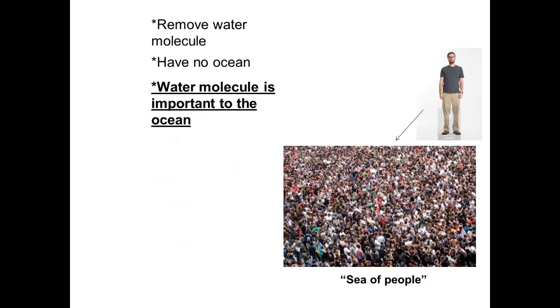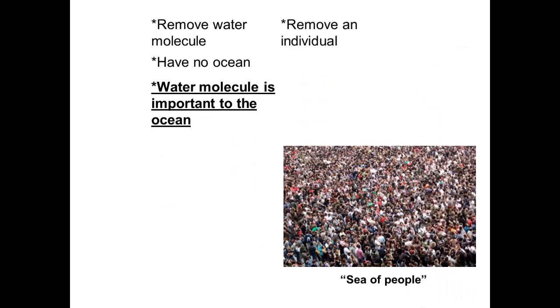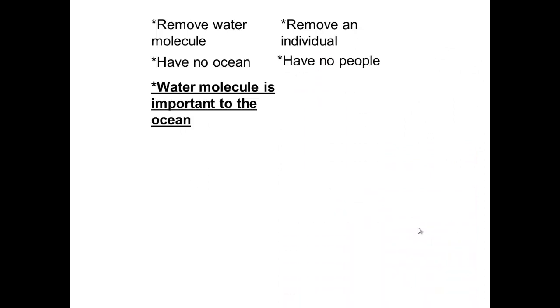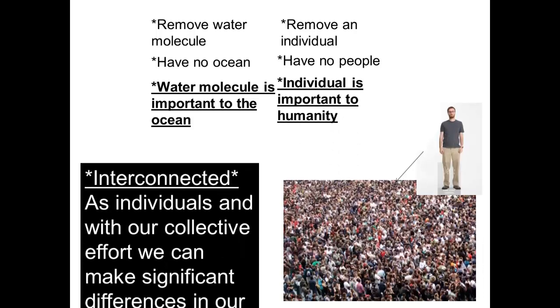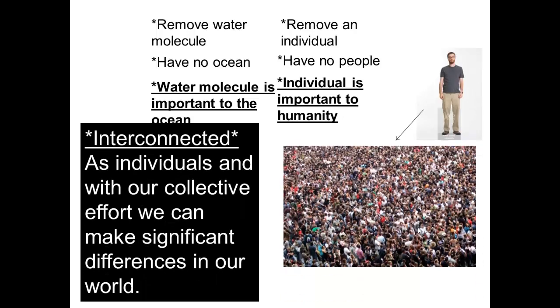So the water molecule is important to the ocean, and the same thing goes for the individual. If you remove an individual, eventually you'll be removing all the people, so that individual is important to humanity. What that tells you is that we are all interconnected. As individuals and with our collective effort, we can make significant differences in our world.